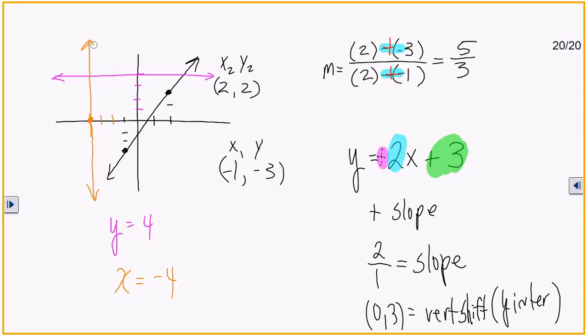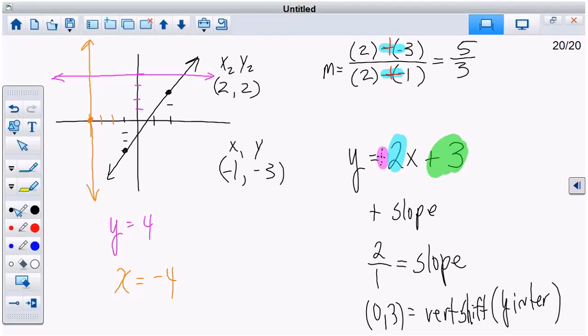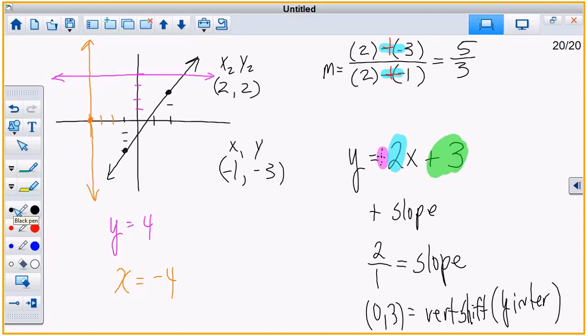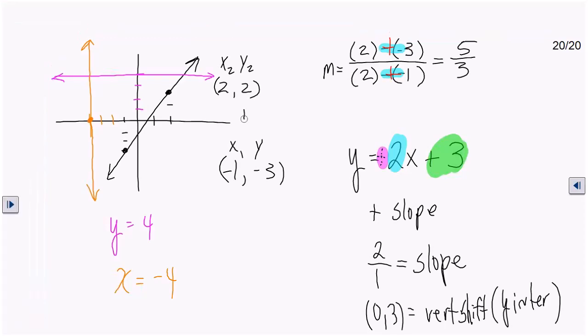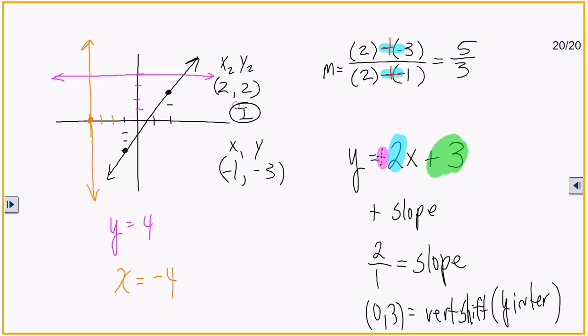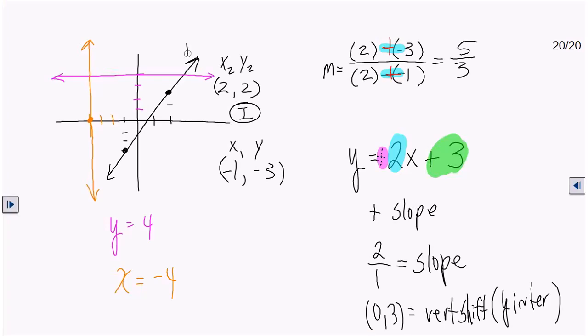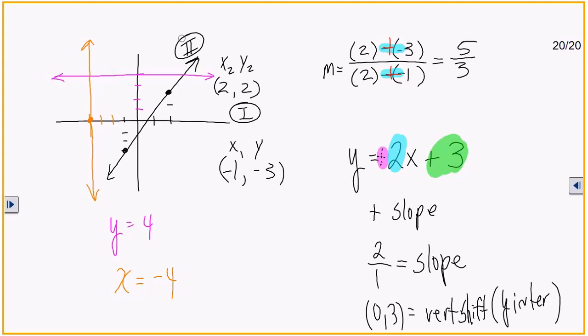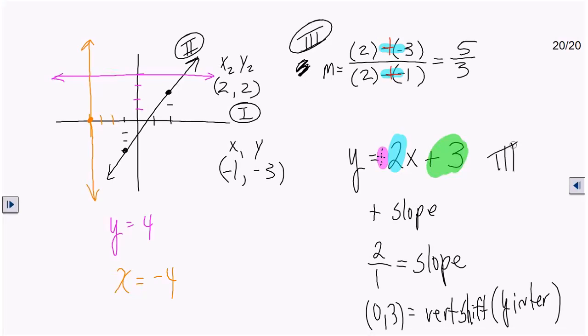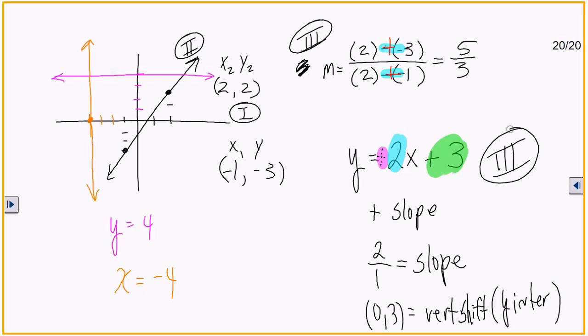So, how many things should you know how to do in graphing? You should know how to plot points. One, how to plot points. Draw a line between two points. Two, calculate the slope. Three, four, be able to pick out what's in the standard line.